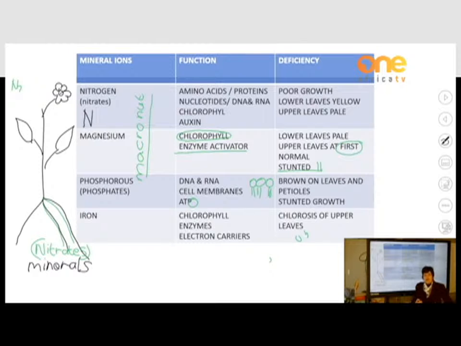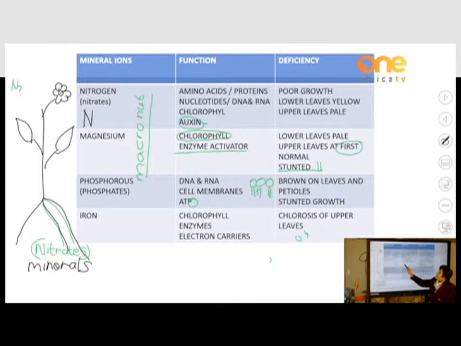The plant needs quite a lot of these salts: nitrates, magnesium, and phosphorus. Okay? The nitrates for N: proteins, amino acids, DNA, RNA, chlorophyll, and auxin, that growth hormone.